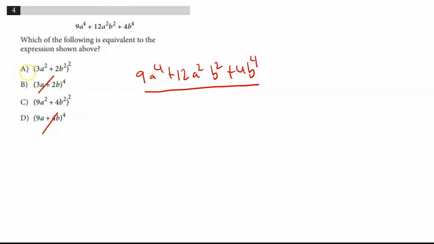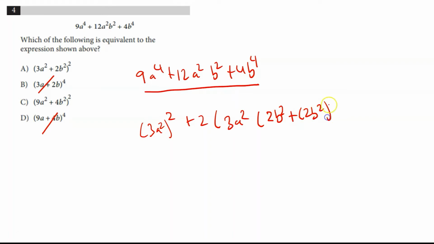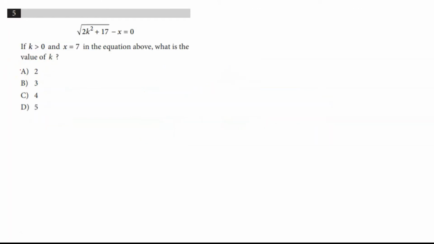So it has to be one of A and C, and algebraically we can notice that this is (3a squared) squared plus 2 times 3a squared times 2b squared plus (2b squared) squared. Thus, we are looking for a term with a 3 as the first choice, and that is A.